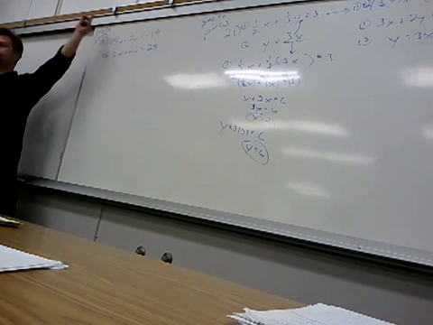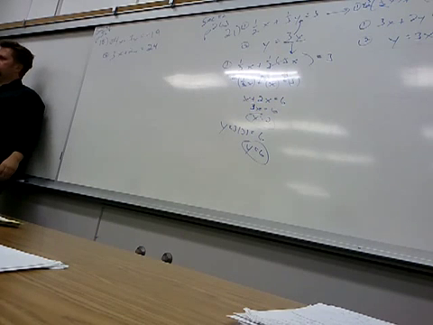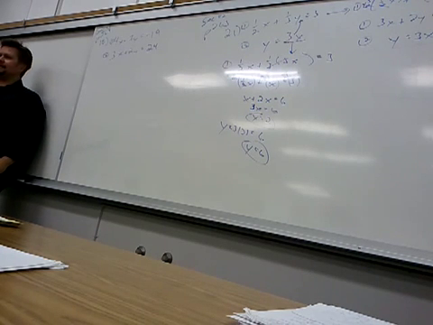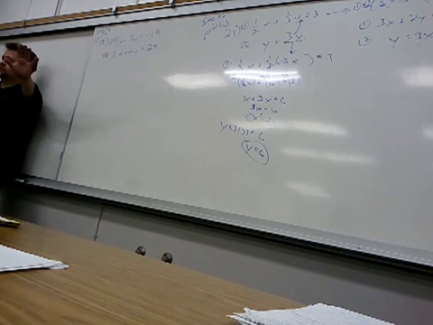So of course, 4.3 is all about the elimination method. Some books call it the addition method. What's the main idea of the elimination method? What do I want to have happen? Combine them so that what happens? One of the variables goes away.